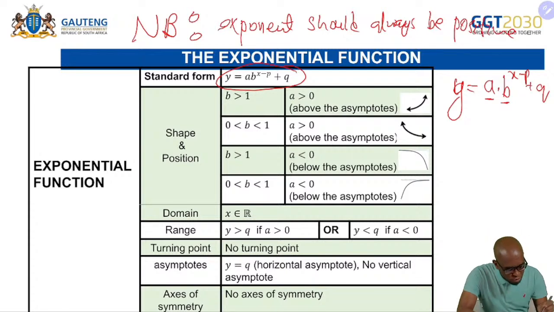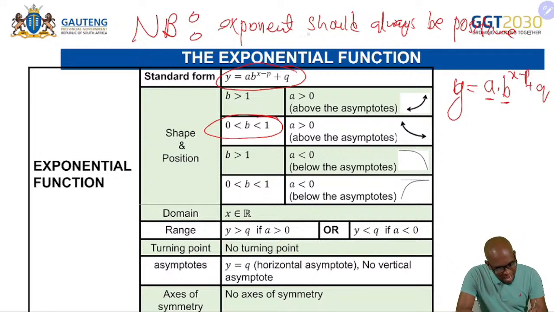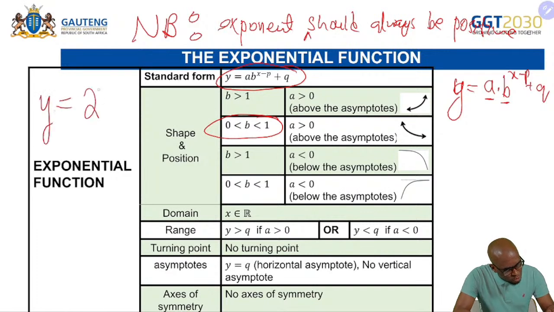That is how you're going to see whether it's a fraction or just a whole number. The coefficient of x should always be positive. Let's say for an example, you have y is equal to 2 to the minus x. You see that this exponent here is negative, so it should always be positive.